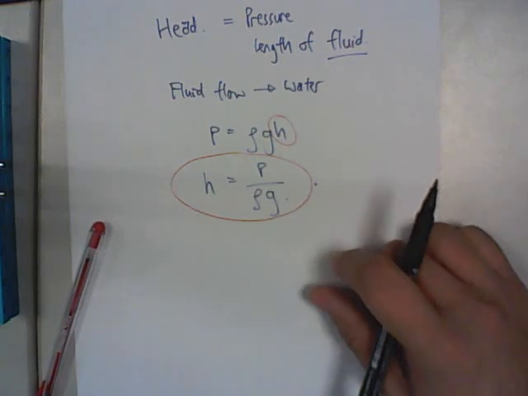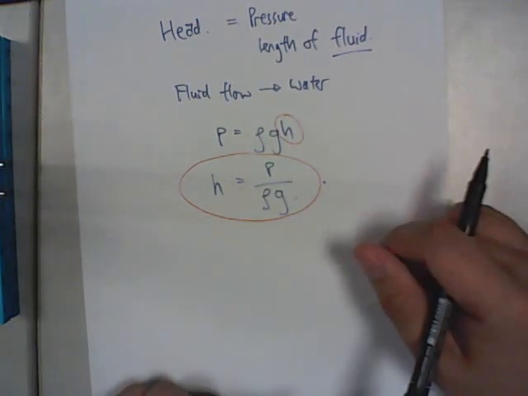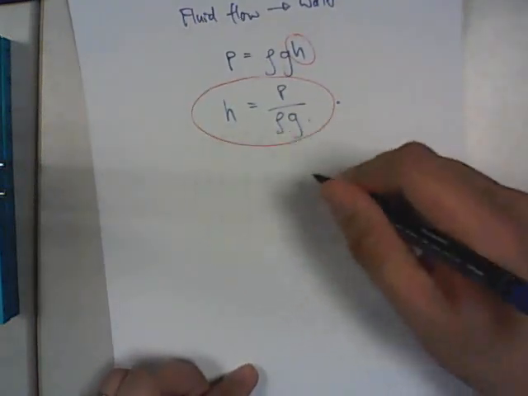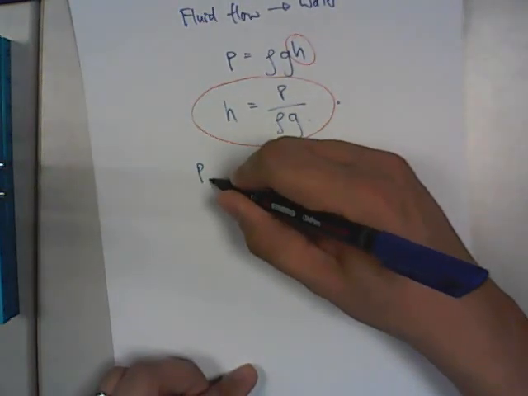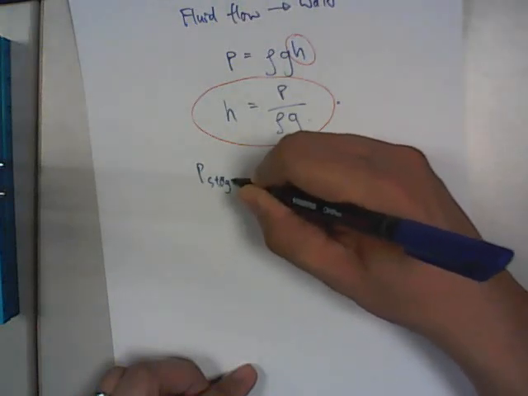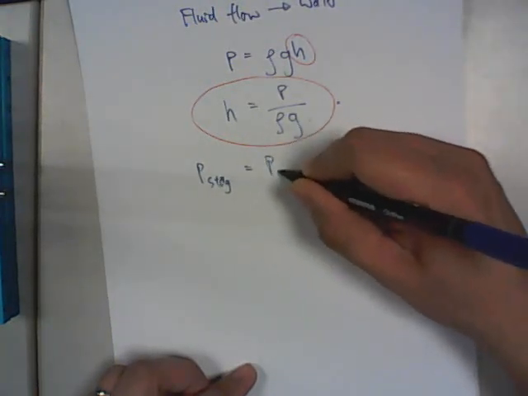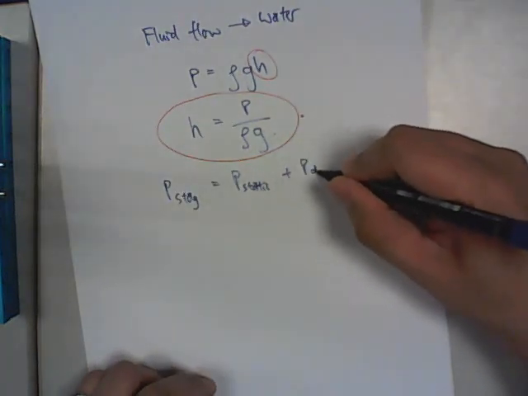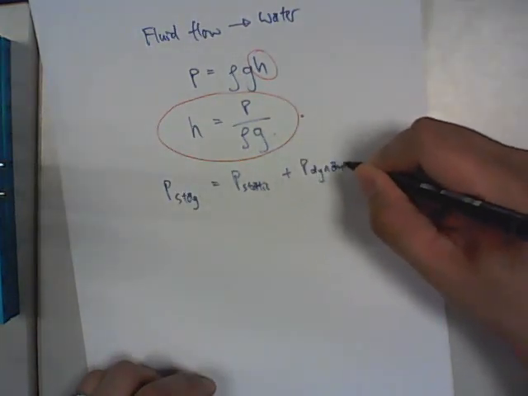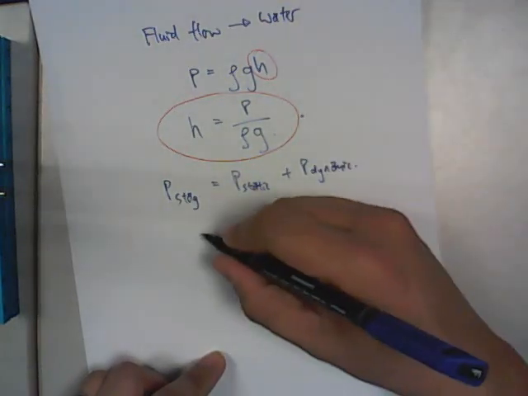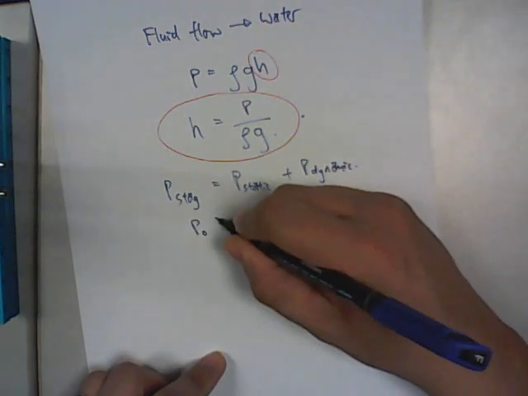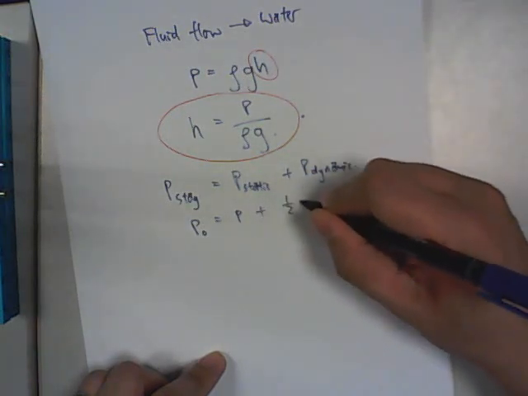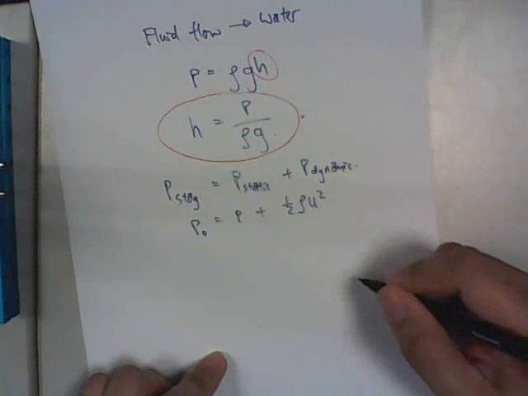And you can see it from page 14, that initially your stagnation pressure is equal to static pressure plus dynamic pressure. We like to call this P total equals P plus half rho u squared.